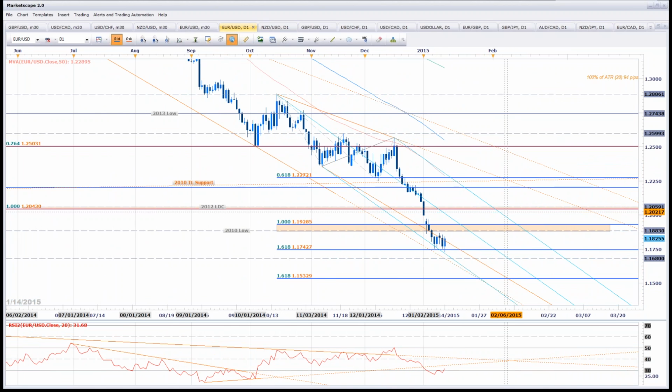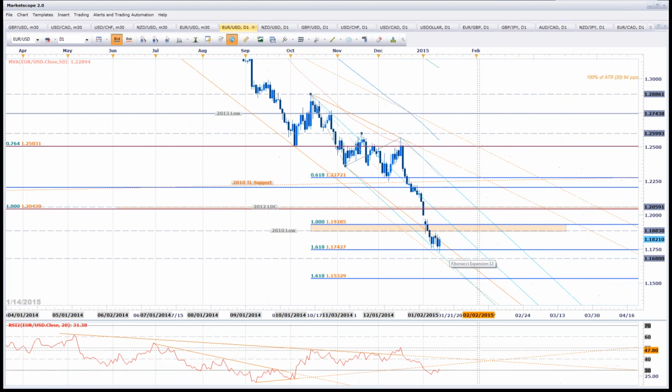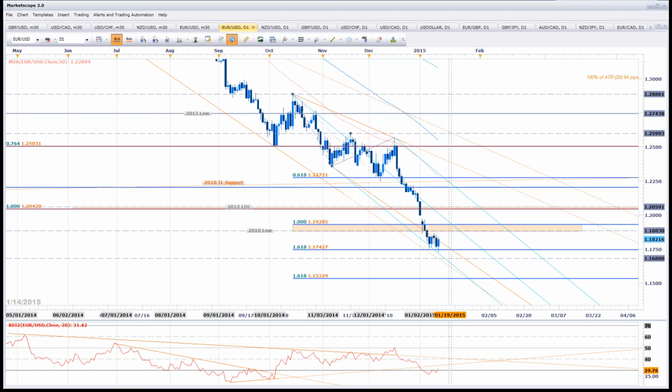And initially, the focus was on 117.42. Today was the first day that we actually tagged it, despite everything that you saw here. We finally made a tag of it. So I like it. Momentum pushing through 30. If you see this close above 30 on a close basis in momentum, that in and of itself could be a near-term trigger.